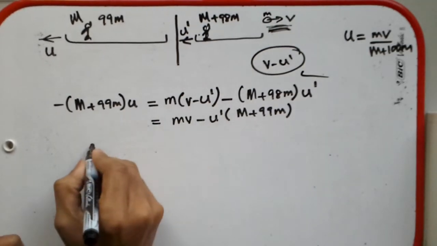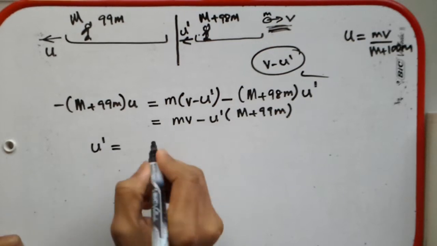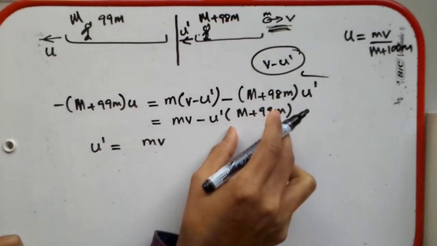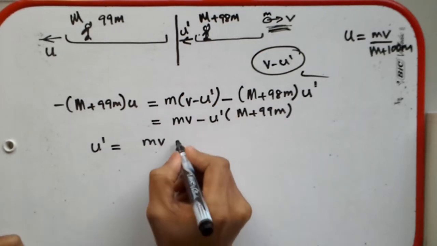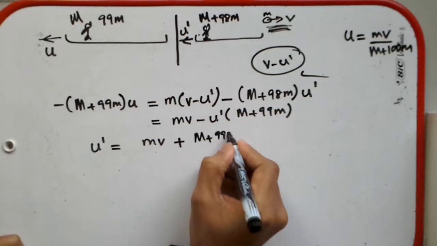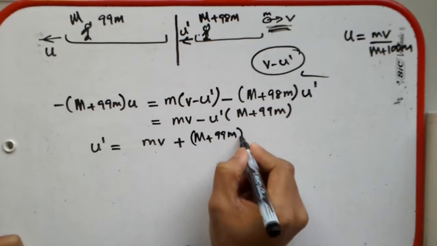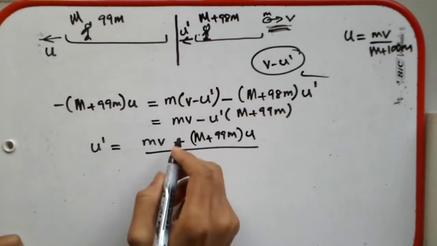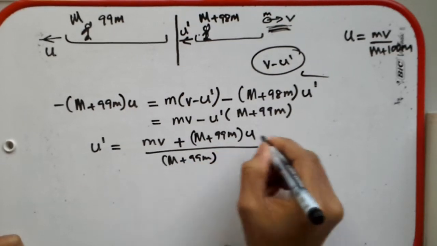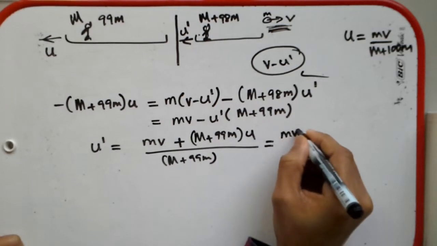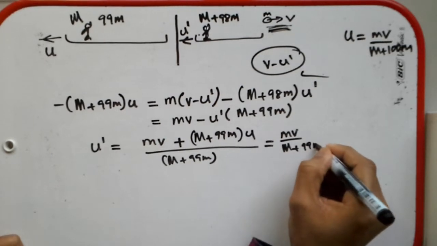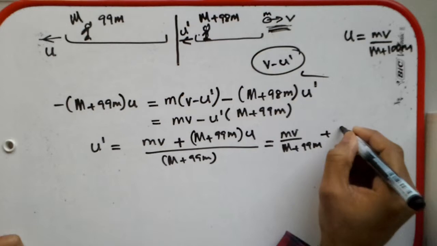So from here I can find the new velocity u prime is equal to mv plus big M plus 99 small m times u, divided by this factor, big M plus 99 small m. So u prime is mv by M plus 99 small m, plus u.